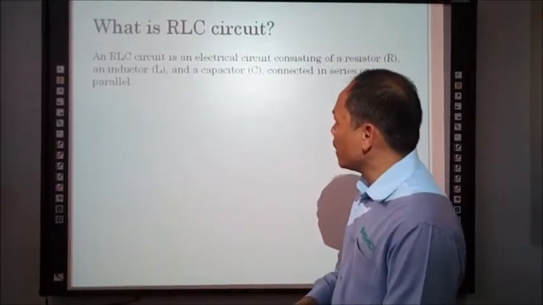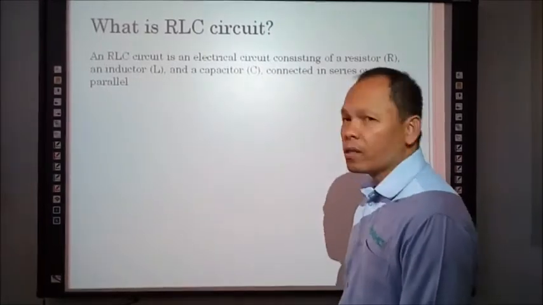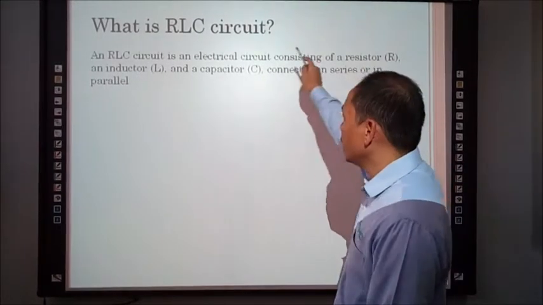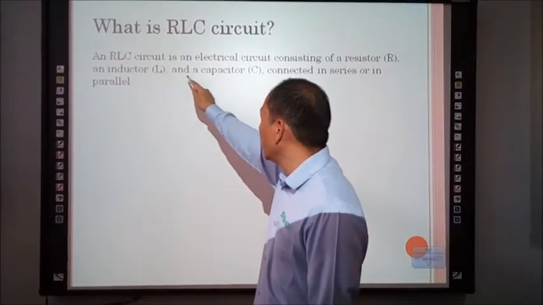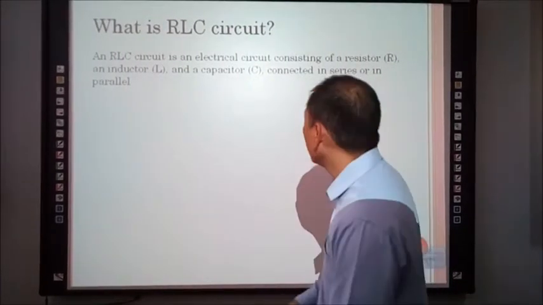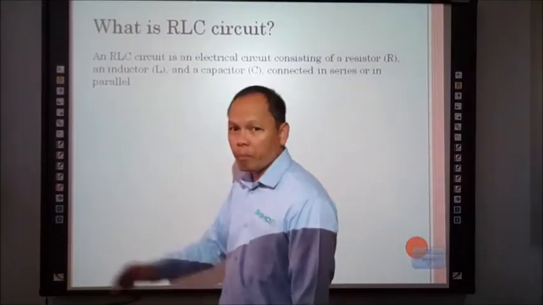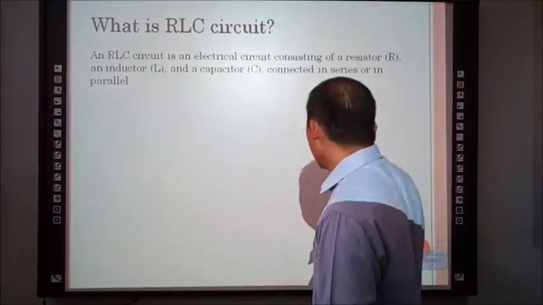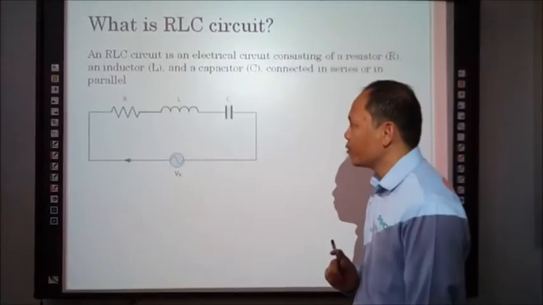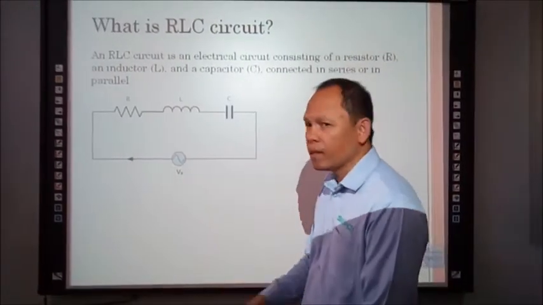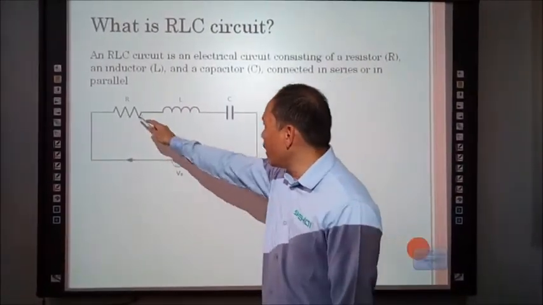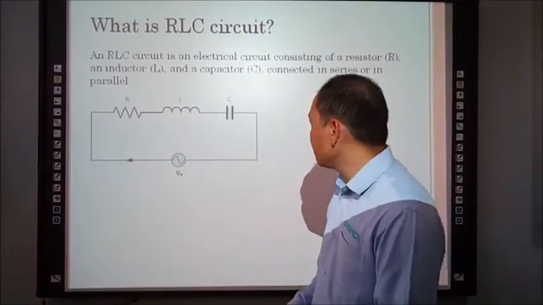An RLC circuit is an electric circuit consisting of a resistor, an inductor, and a capacitor connected in series or in parallel. Now, this is the circuit of a series RLC circuit.